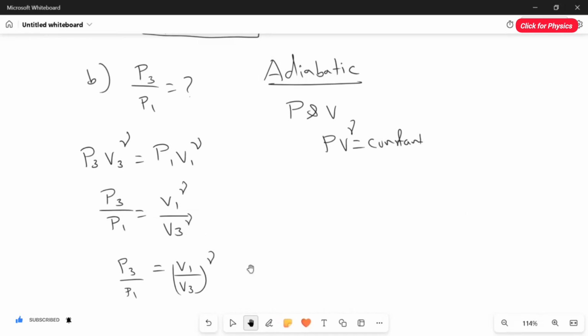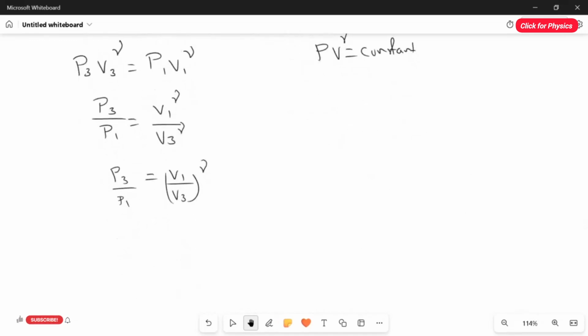Clear? Again we have to take V1 from the figure they gave. V1 is equal to 1, V2 is equal to 4 times V1. So I have to substitute the values. V1 takes the value of 1, and V3 is 4 times V1, which is given in the figure. So point 2 volume is 4 times V1 as well as point 3 the volume is 4 times V1. Clear?